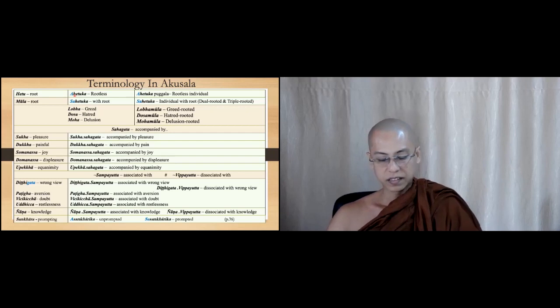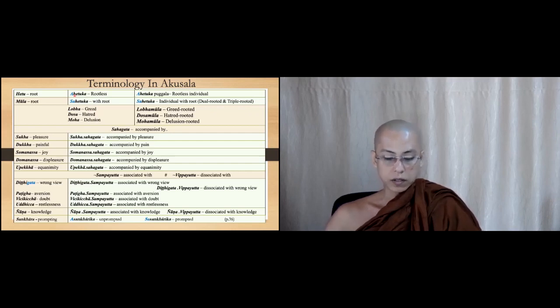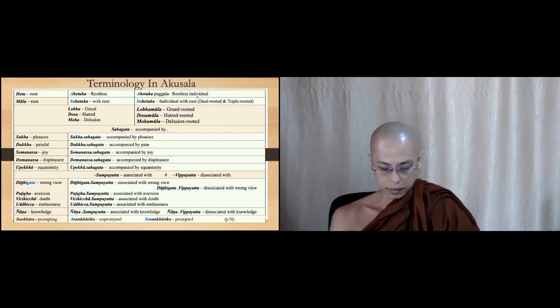When we classify 89 chitta, the second category of consciousness is rootless consciousness. So ahetu, ahetuka. Then the usage ahetuka can apply with the word puggala, rootless individual. If we attach it to chitta, Ahetuka Chitta becomes rootless consciousness. If we combine with Puggala, Ahetuka Puggala becomes a rootless individual.